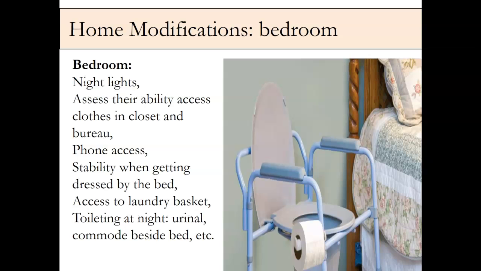All these details, really slow them down, go through the whole process, and you can pick out these fall risks and make recommendations. And again, you're not overwhelming them with this list, but you're making your internal list, you're prioritizing. Start with this, I'm going to go to this, kind of thing. And again, if you can get a family member with you, there can really be a lot more buy-in and follow through.